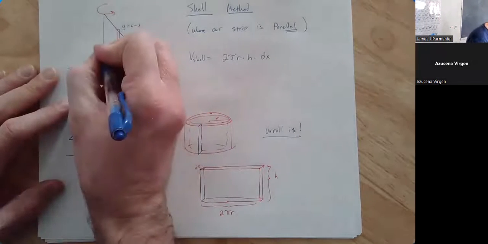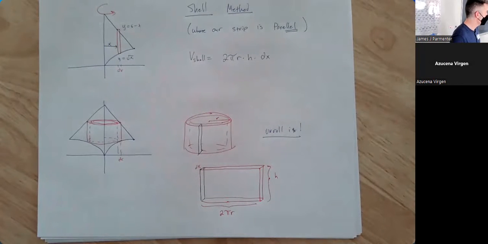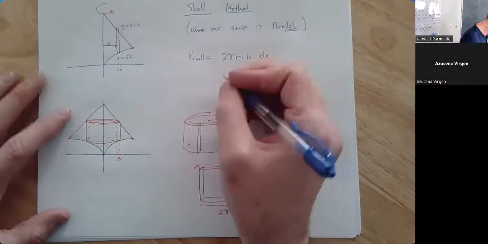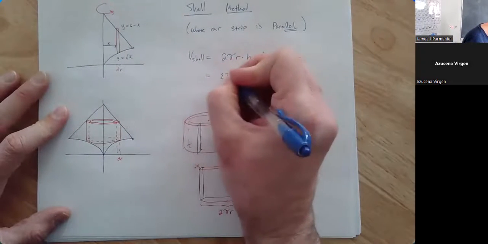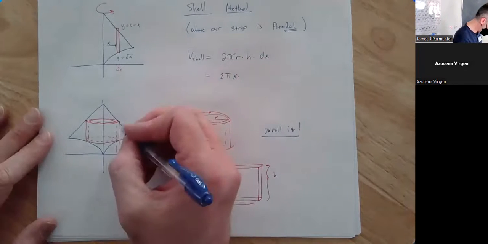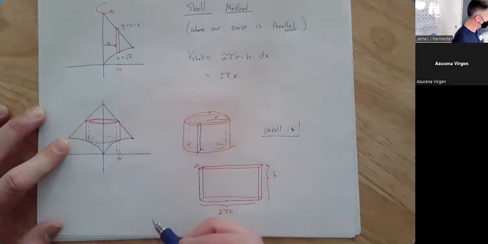So I've gone some distance, let's call it x from the axis of rotation, or if I'm going this way, y. So if you're revolving around the y-axis, your radius is going to be x, and the height of your shell is going to be the top function minus the bottom function.